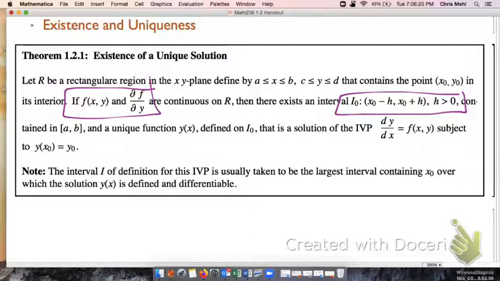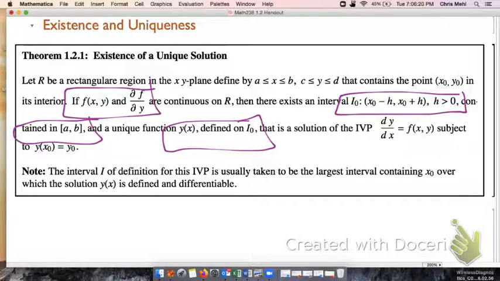This is just saying it's some interval containing x naught, that's the x coordinate of your initial condition, and it's going to be completely contained within the x coordinates of that rectangle. So it's in the closed interval from a to b, and a unique function y of x defined on that interval is a solution of the initial value problem.